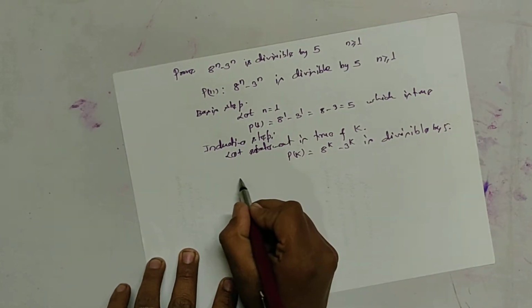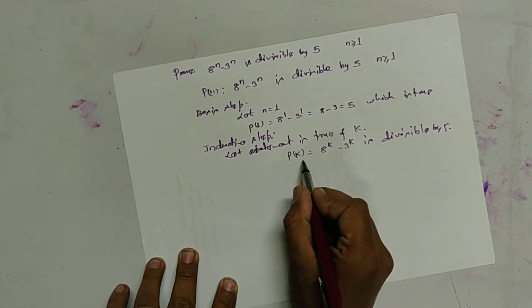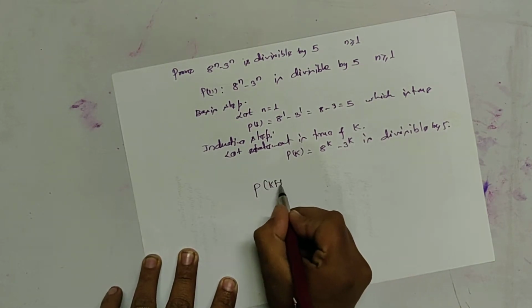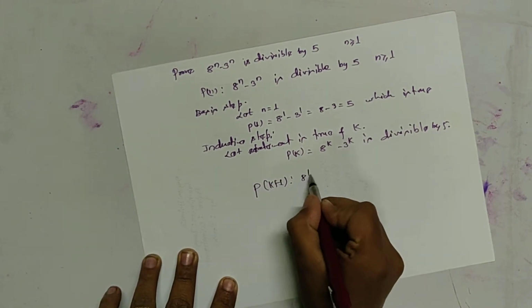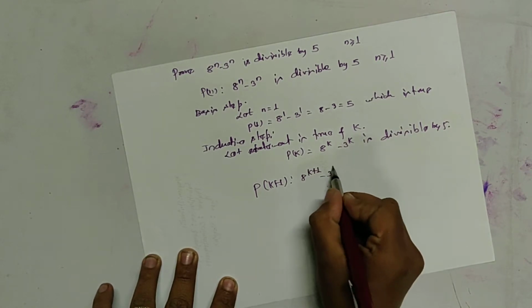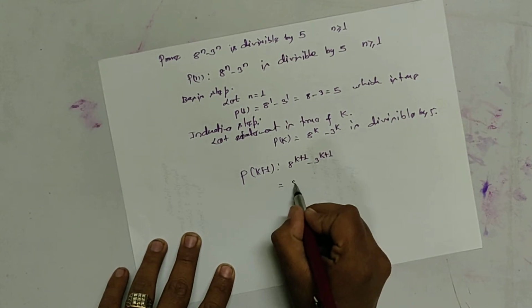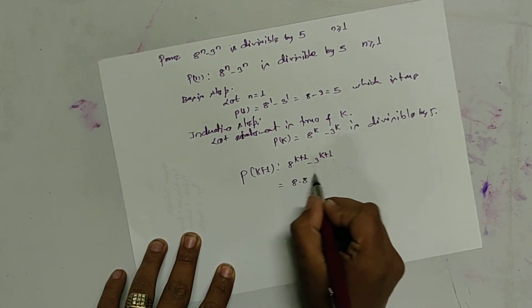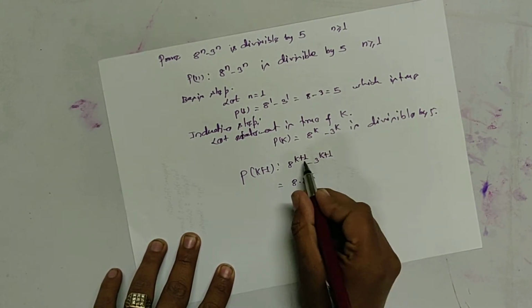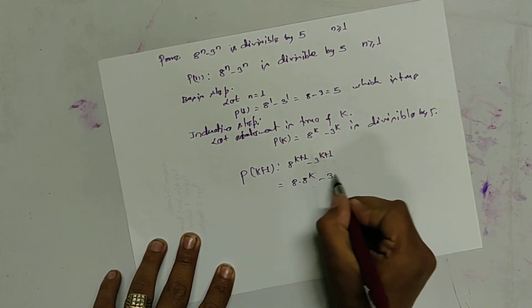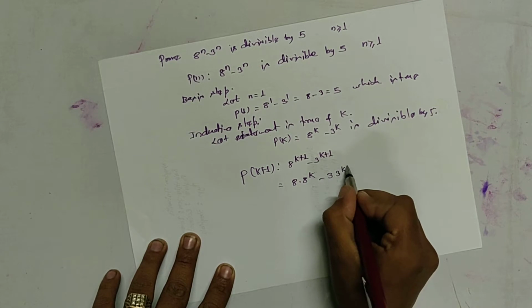So we have to prove it for k plus 1. That means Pk plus 1 becomes 8 power k plus 1 minus 3 power k plus 1. It is equal to 8 into 8 power k, we remove the power, minus 3 into 3 power k.